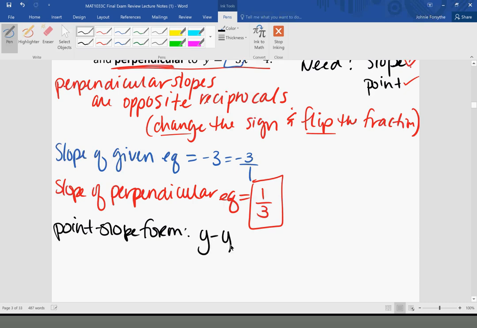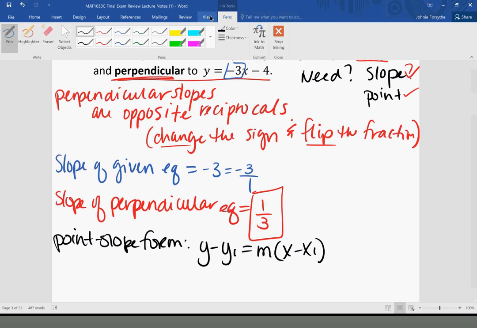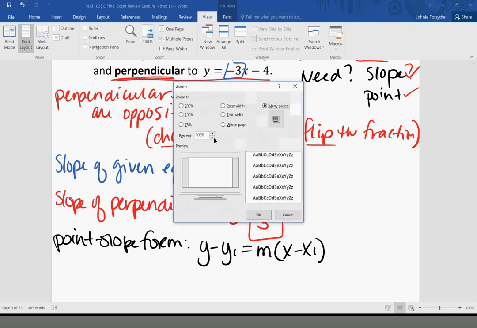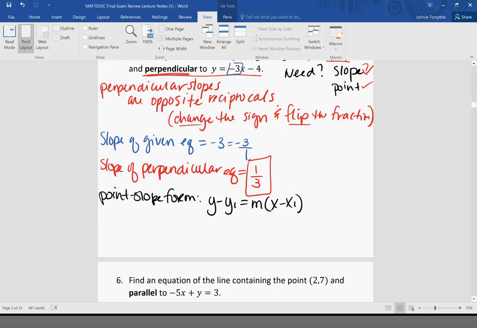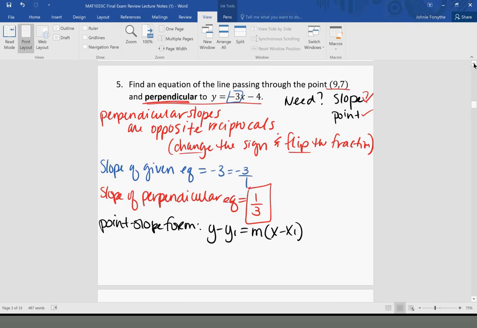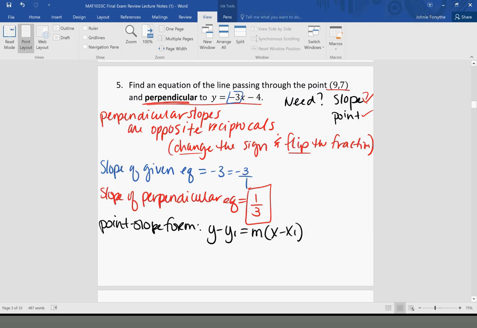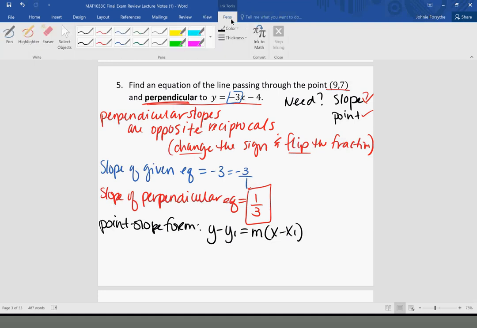So it is y minus y1 equals m times x minus x1. Okay, so x1 and y1 is going to come from your point that's on the line.